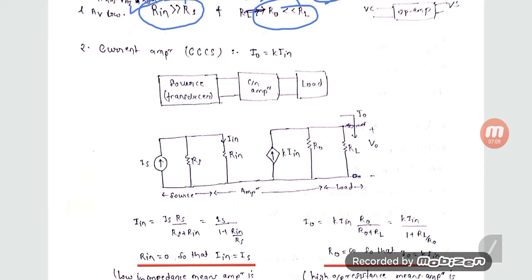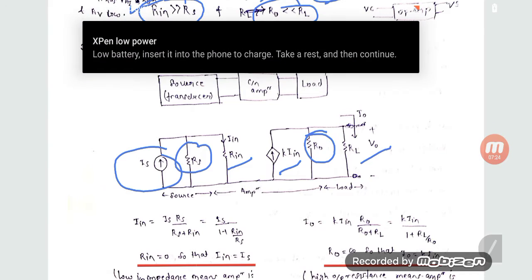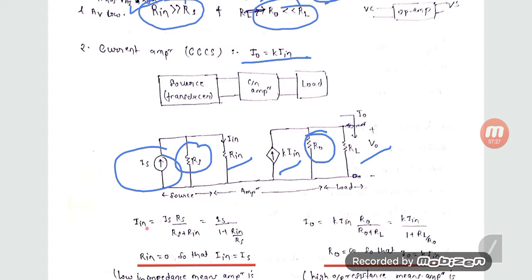So a current amplifier means current controlled current, so I0 equals K Iin. We will have the source as a current source, and the internal resistance will be in parallel. Rs will be here, K Iin, R0 will be in parallel, and here will be RL. So we apply the current divider rule for Iin and I0.